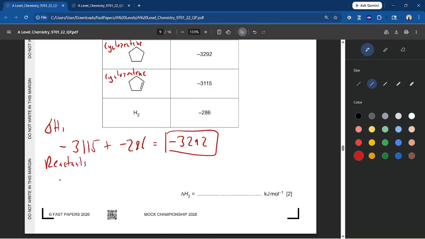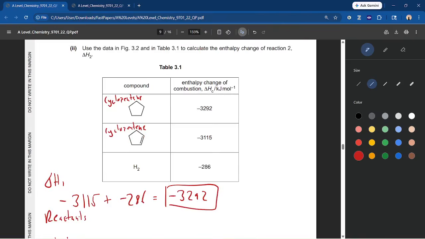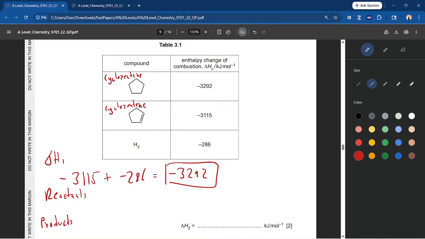Now let's take a look at the products. For products, you're getting cyclopentane. So cyclopentane is giving you minus 3292.